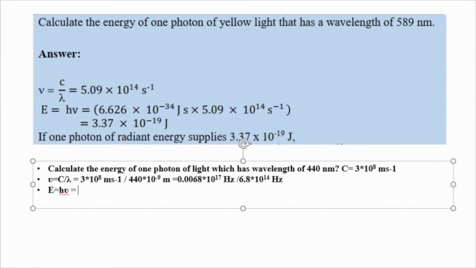So now we know 6.626 into 10 to the power minus 34 joule seconds multiplied by 6.8 into 10 to the power 14 hertz. Instead of hertz we can write per seconds, both are okay.